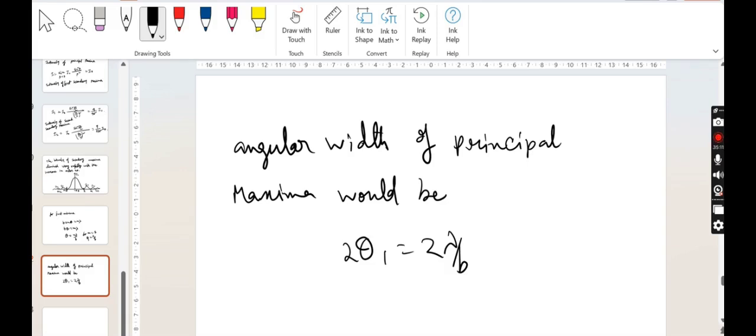And when there is white light, the condition of minima for rays incident normally on the slit is b sin theta equal to n lambda. So it depends on lambda. Lambda r is greater than lambda v, so theta r will be greater than theta v if white light is employed.